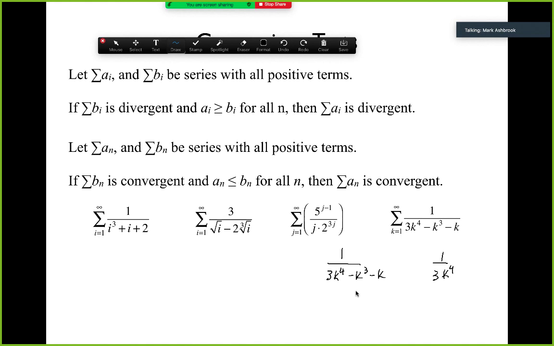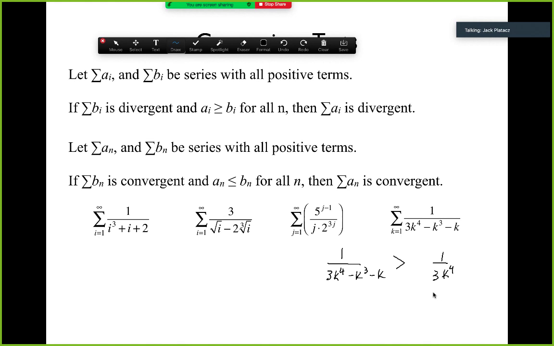Are all these terms bigger or smaller than 1 over 3k to the 4th? Bigger. Smaller denominator means a bigger value, right? We're reducing the denominator. So look, I've got a p series that converges, and all my terms are bigger than that. What's the conclusion?